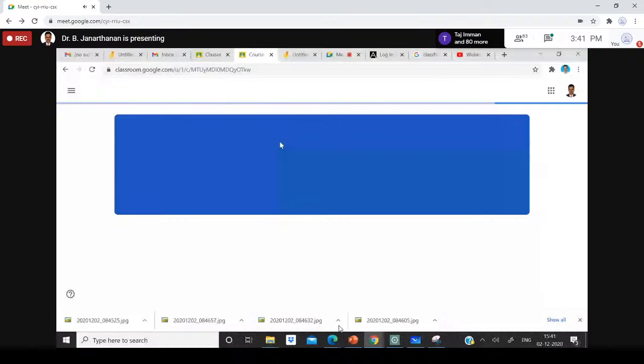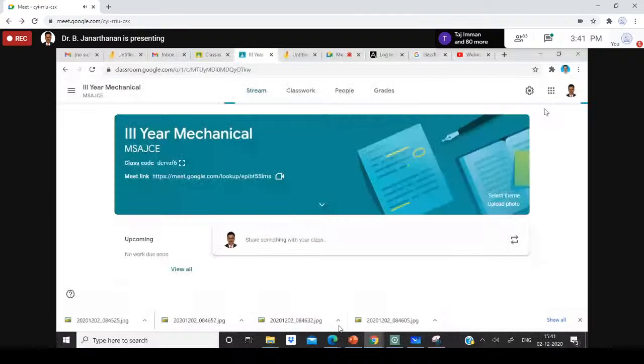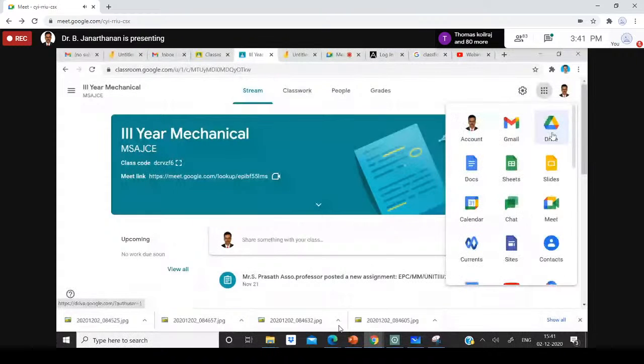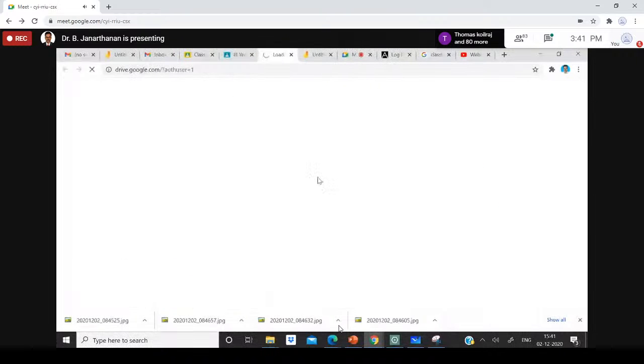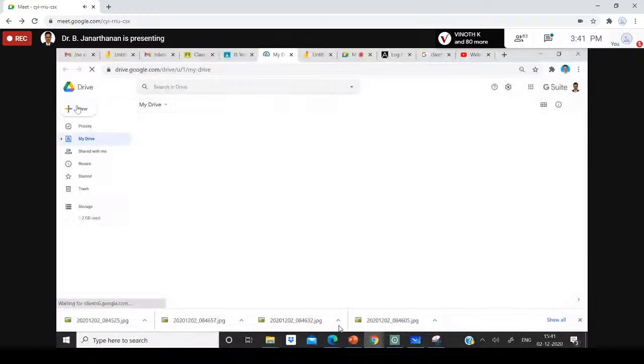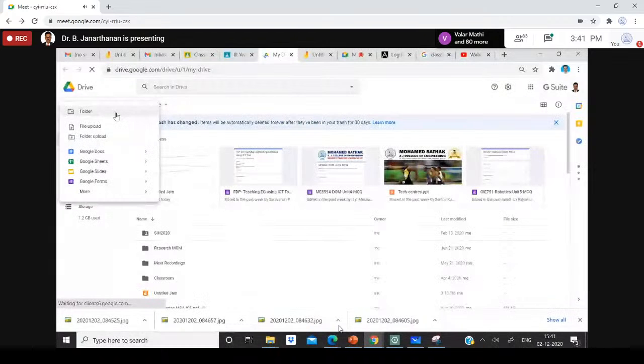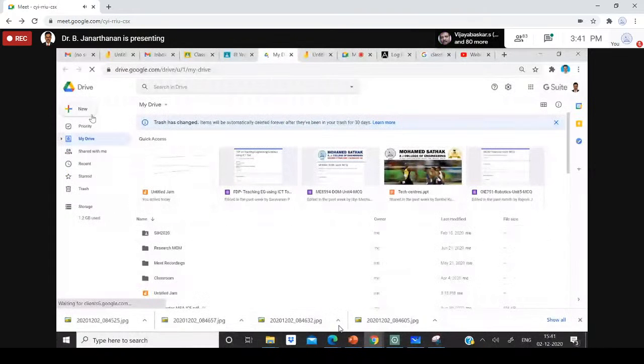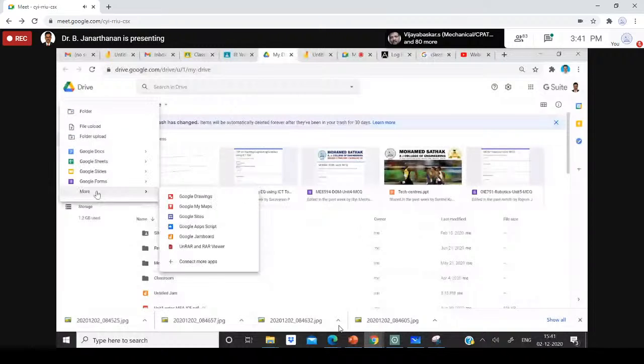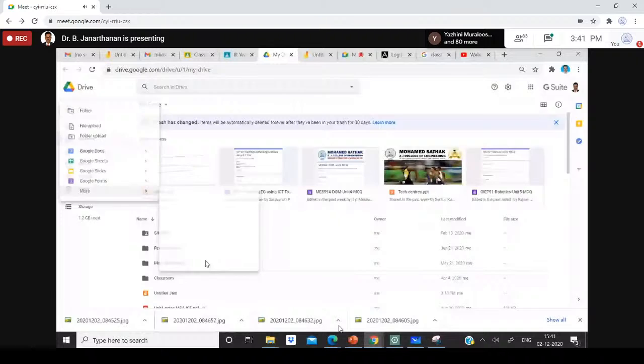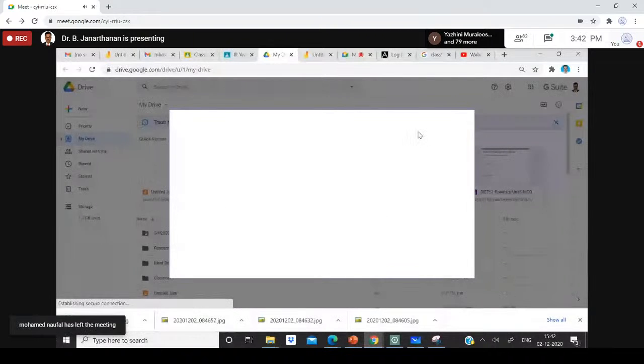Then when you go to the drive, when you click New, then go to More, then Connect more apps, then you can search for class flow, and you can bring the class flow inside your Google account.